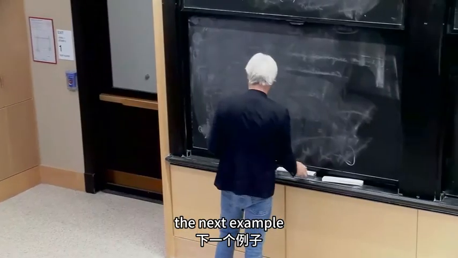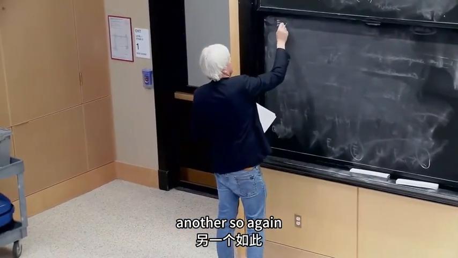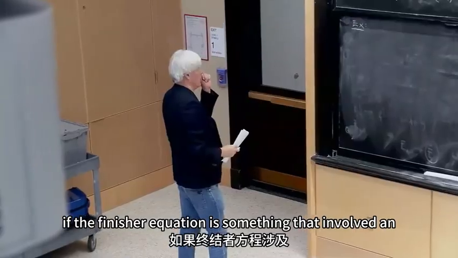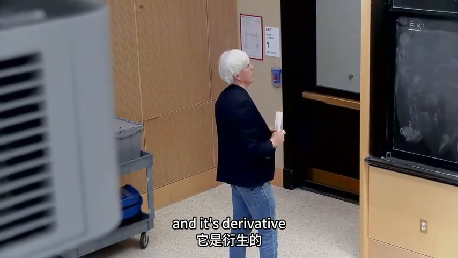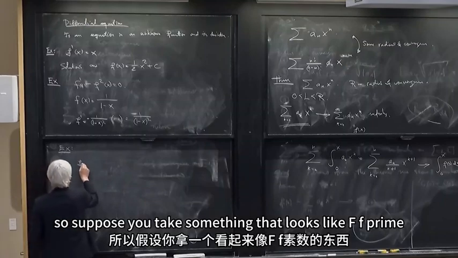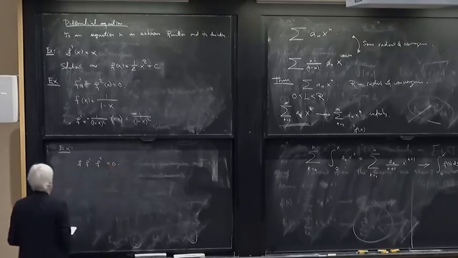The next example. Again, a differential equation is something that involves an unknown function and its derivative. So suppose you take something that looks like f double prime equal to 0.